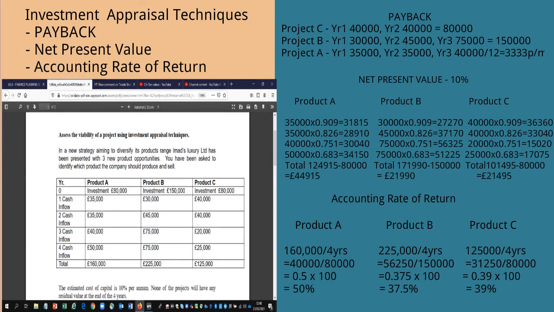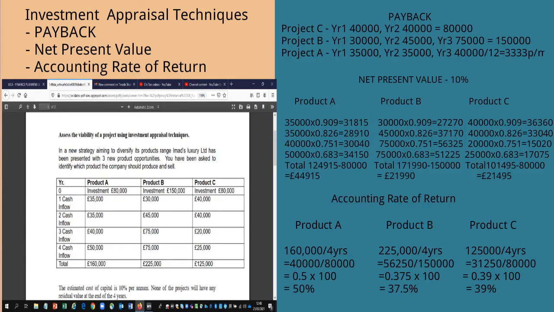When we look at some of the advantages and disadvantages of these, we can see that the payback period is the most simplistic out of the three to actually calculate. But the disadvantage of payback is that it doesn't take into consideration the time value of money. If we look at the net present value, it is quite straightforward to calculate. It uses cash flows rather than net earnings, and it provides an unambiguous measure.